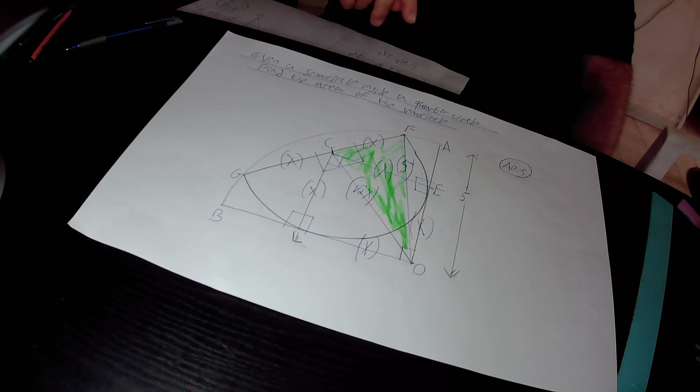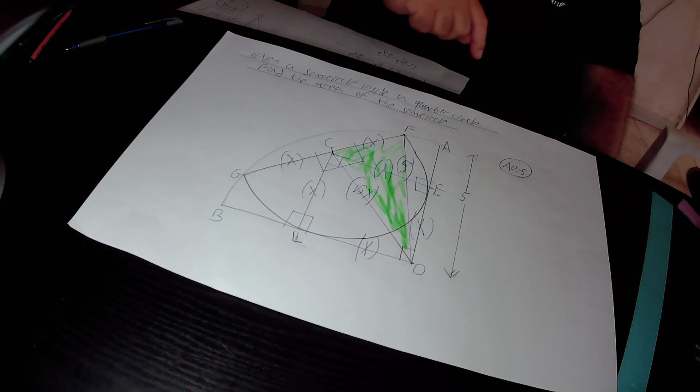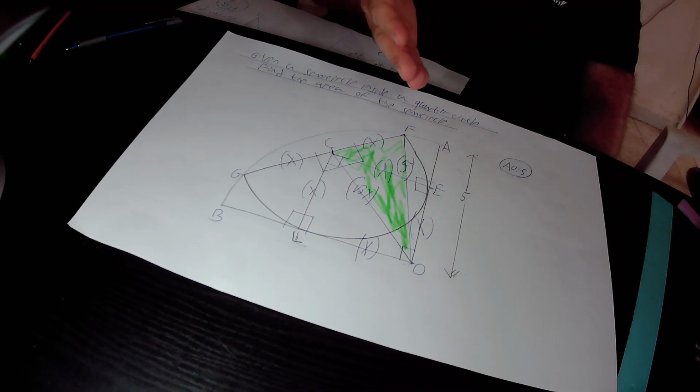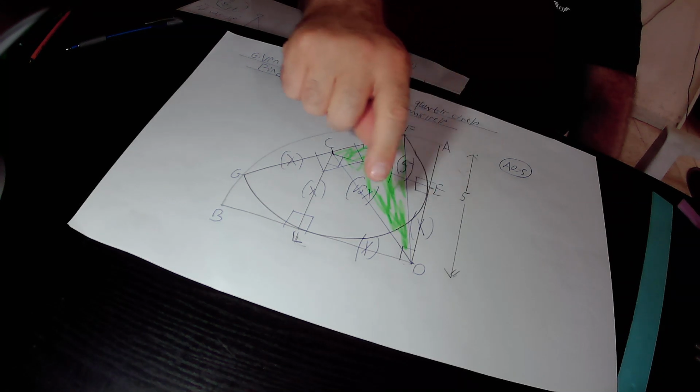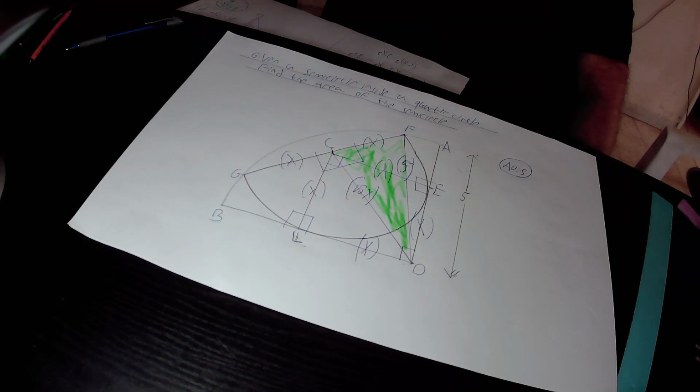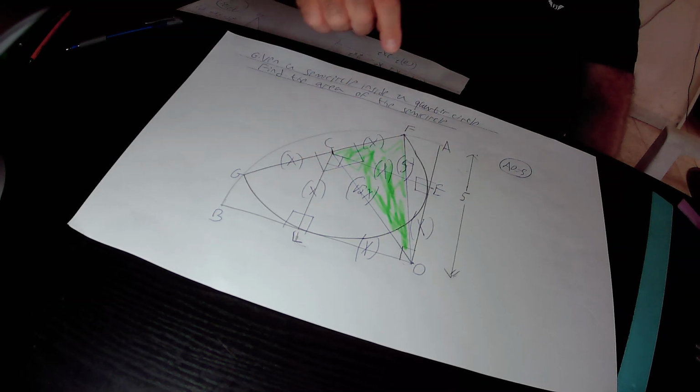So in the diagram we have quarter circle AOB. You know that AO equals 5 units in length. That is to say, the radius of this quarter circle is 5. So inside this quarter circle we have this semicircle, and our mission is to find out the area of this semicircle.